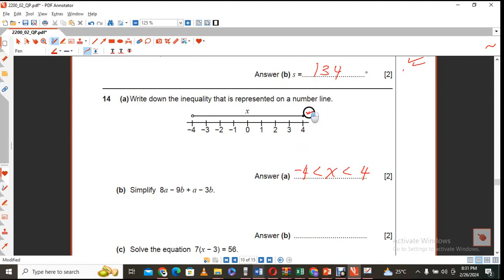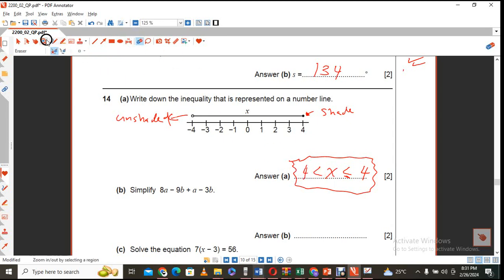This end is shaded, therefore you have the or equal to. This end here is unshaded, so you will leave it like that. And this is the answer that we have. Very straightforward to write down. Just make sure the negative sign is proper.